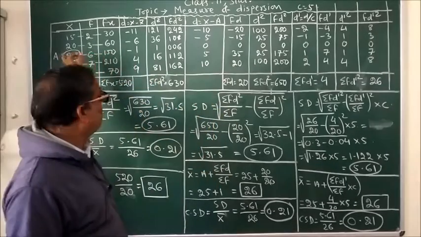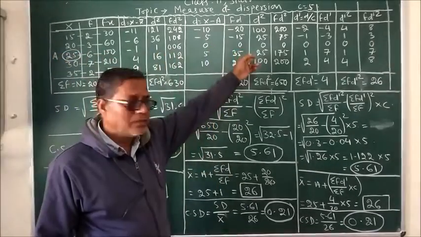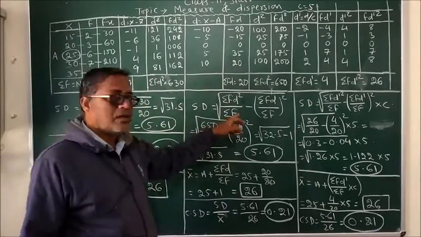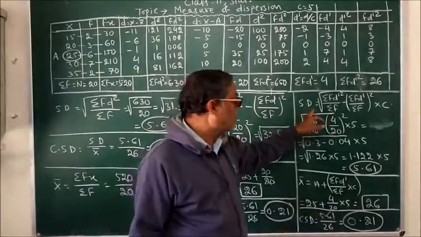So I have joined all the columns for three different methods, that is direct method, shortcut method and step deviation method.